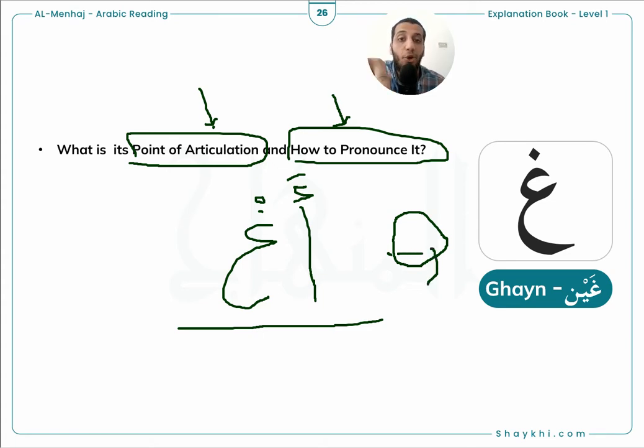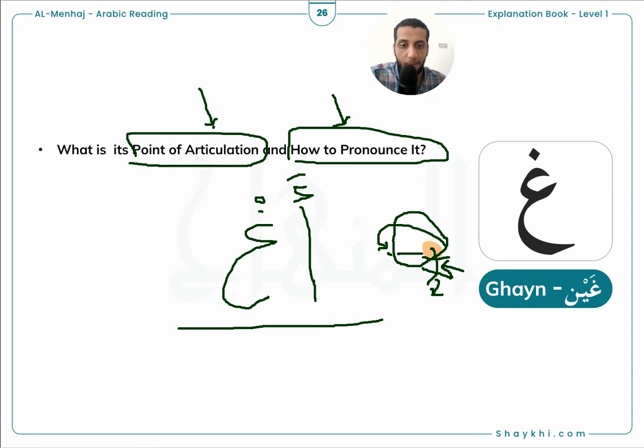We said that the throat is divided into 3 parts: the beginning part, which is nearest to the mouth, the back part or the bottom, which is nearest to the chest, and the middle, what lies in between. From which part do we pronounce letter Ghayn? Actually, we pronounce letter Ghayn from the top part or the beginning part, the part closest to the mouth.